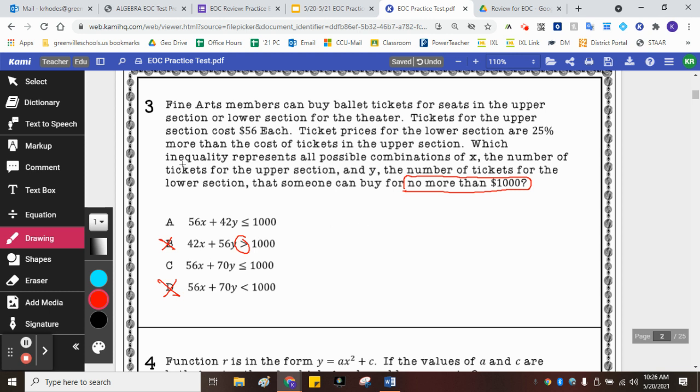Okay, x is the number of tickets for the upper section. x equals the upper section. y equals the lower section. So $56 for the upper section. That's why it's 56x.